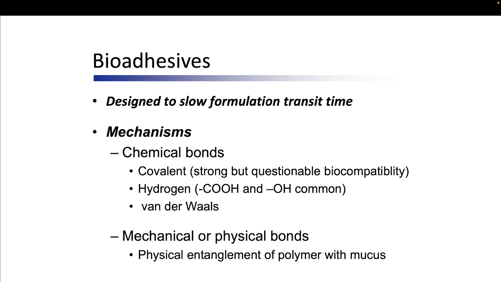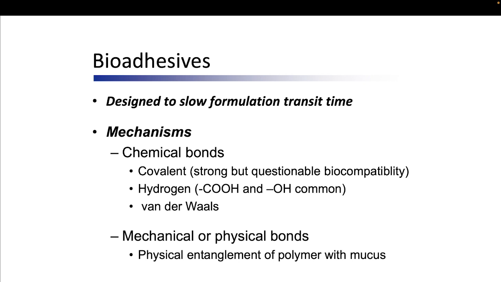So you can have this polymer layer over the drug which has certain functional groups that adhere to the mucus layer. By doing this you can slow the transit time of your drug, which otherwise would usually be flushed down the gastrointestinal tract. So these bioadhesives can have chemical bonds, or they can have mechanical or physical bonds with the mucus layer.